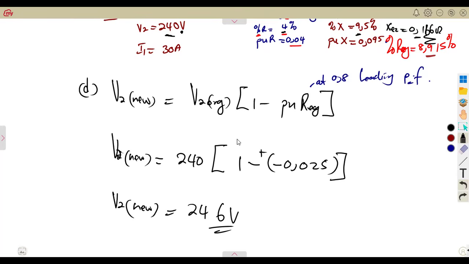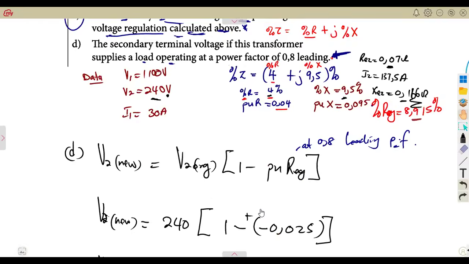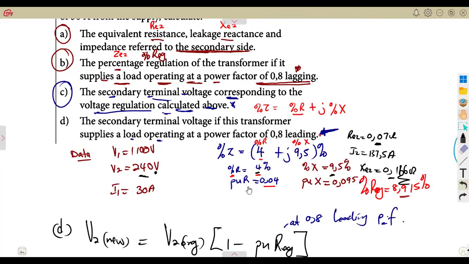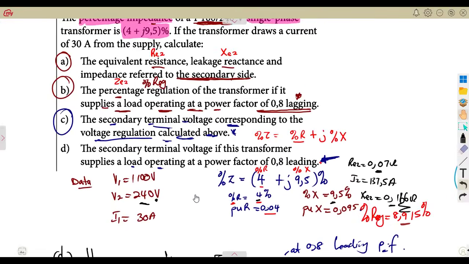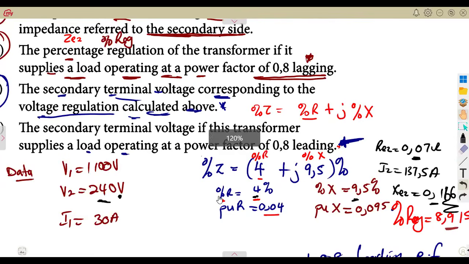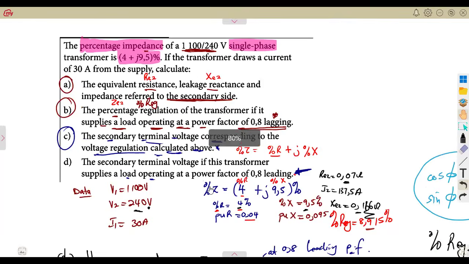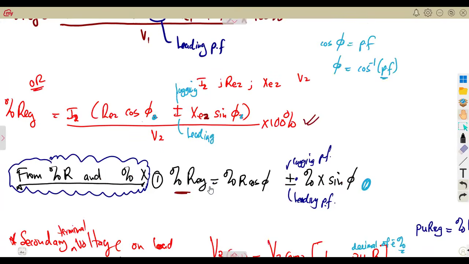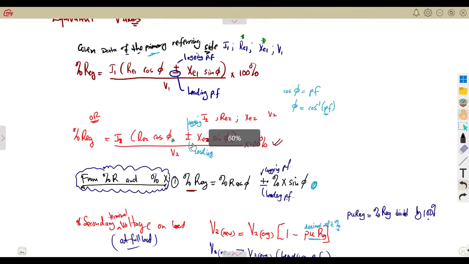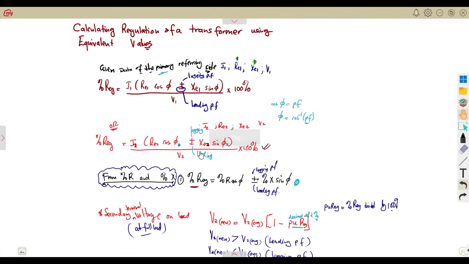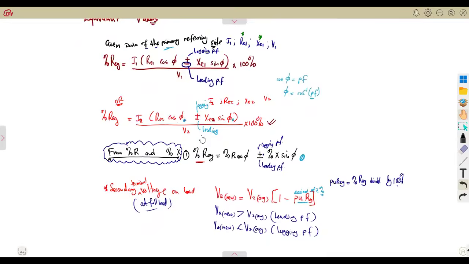So these are the questions that they'll give you. It's going to depend on exam questions. These are just your typical examples from your textbooks. So you can see that with this information, you can now relate it to answering question papers and see how questions are given as you deal with your percentage regulation.